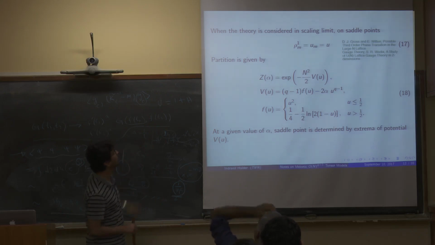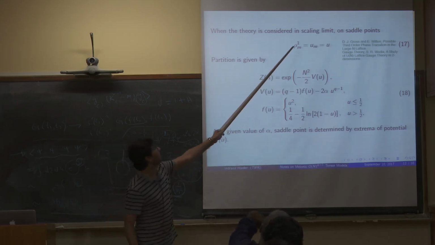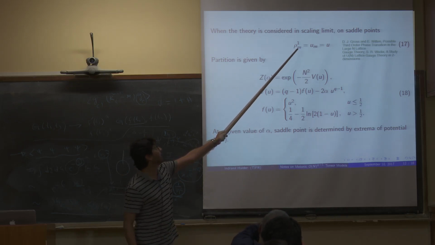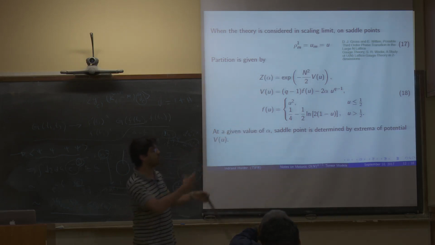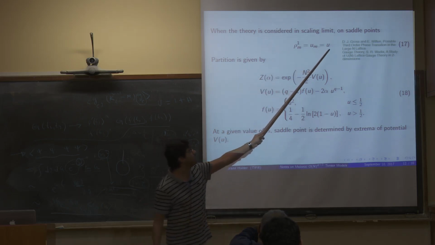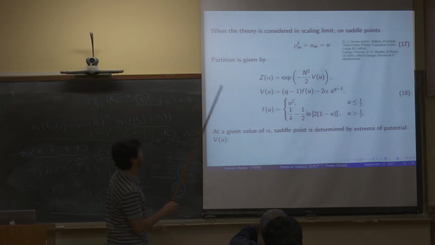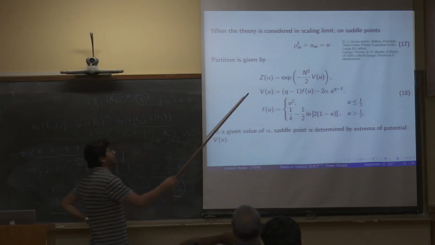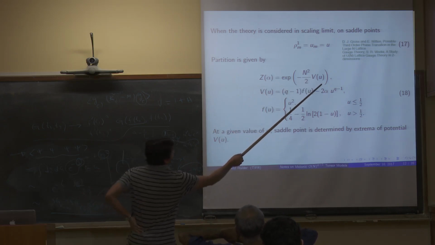After some algebra you find that on the saddle point the color index, which goes from 1 to q minus 1, different colors, and the 1 is just because we kept the x to the 1. This thing for all the colors is the same, which I am writing as u. All of them are the same on the saddle point, and then you substitute back in the partition function and you get the partition function of this form, where v of u is this function.